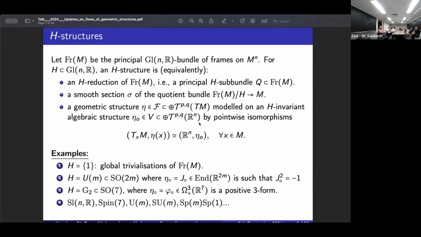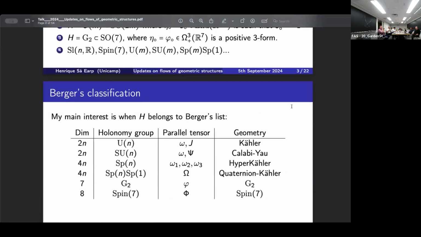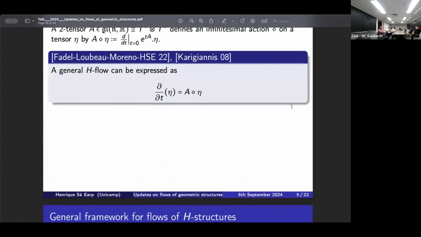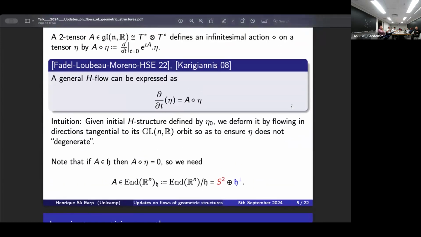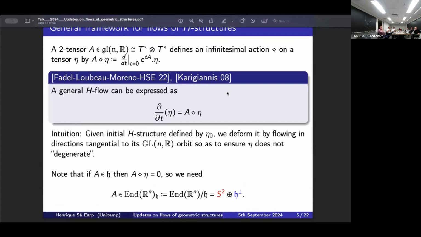Basically, you have this H-invariant structure that defines it, and I think later it will be more clear. What is interesting is that these H invariants have some action that's already defined. And the nice thing is that any flow of an H geometric structure can be induced by this action.